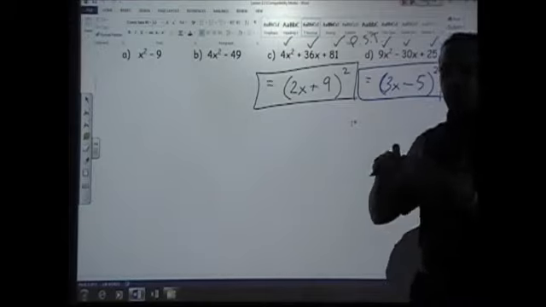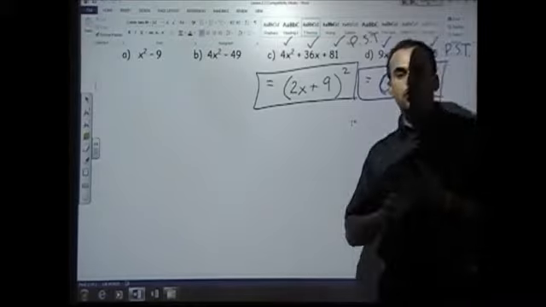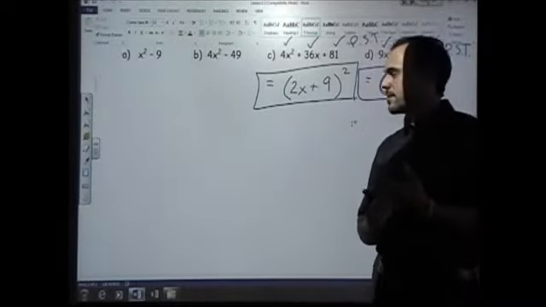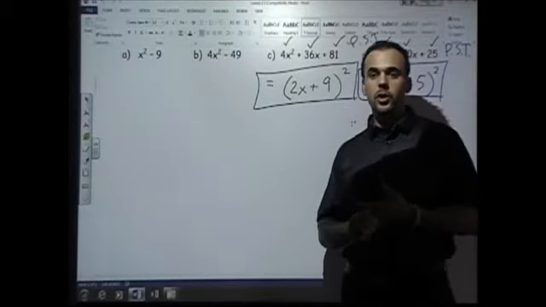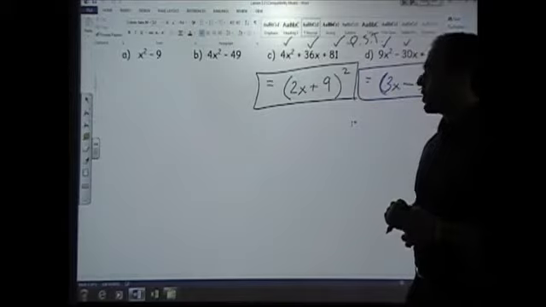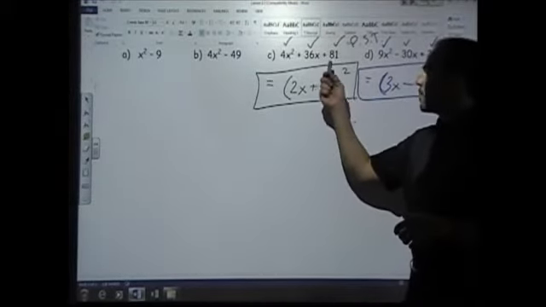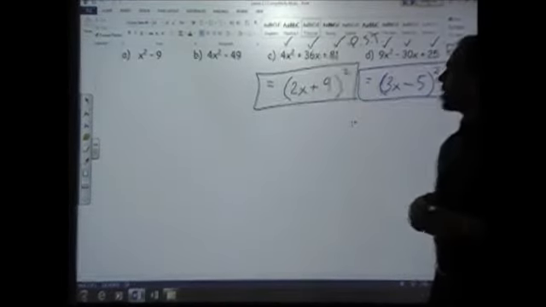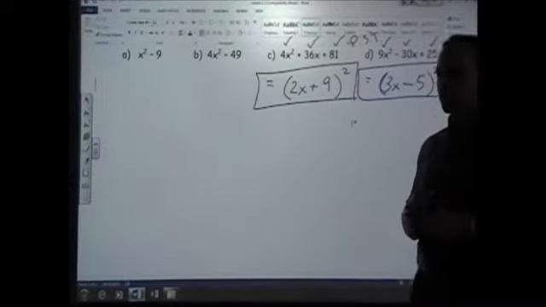So again, first things, common factor always. Then take a look at what type of trinomial you're dealing with. Is it a simple trinomial? Use PSI, and you can go right to the answer. Is it a complex trinomial? Use decomposition. Or is it a special trinomial? Is it a perfect square trinomial? If you've noticed that the first and last terms are perfect squares, then there's a possibility that it is a perfect square trinomial.